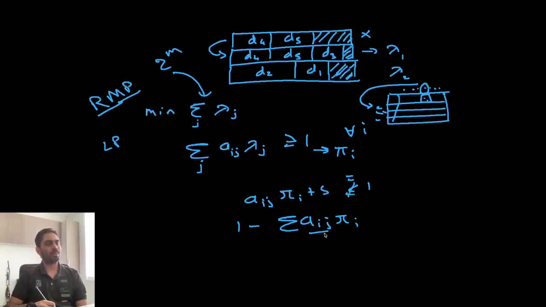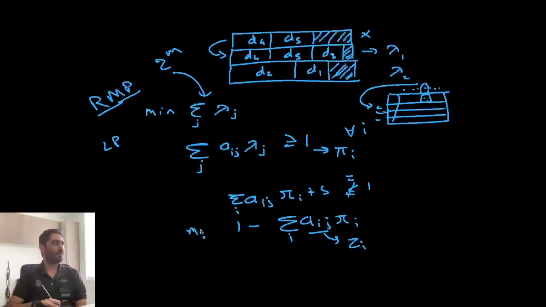So I'm going to reduce this notation and call it zi, and this is the sum over all i. This is the formula for my reduced cost, and I'll say that I don't know these things. These are my variables, and this is the expression of reduced cost for whatever pattern I'm trying to generate.